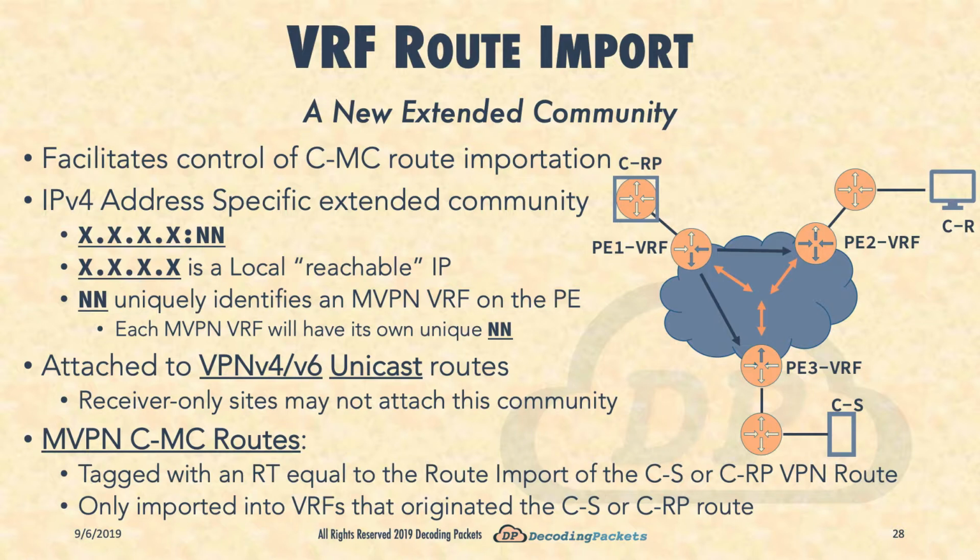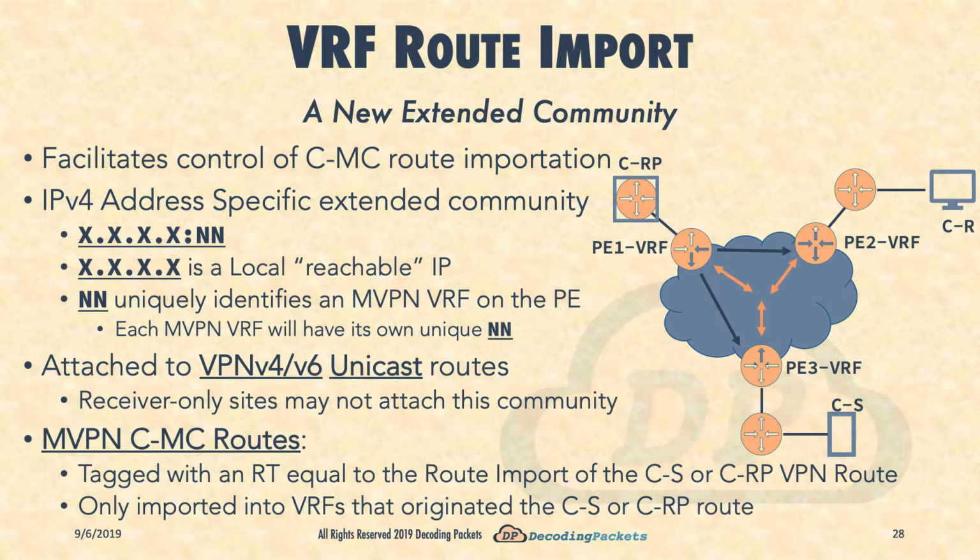The routes are advertised similarly. The C-Multicast routes will be advertised exactly in the same manner, but at the recipient sites, those routes can now be filtered based on the route target community.